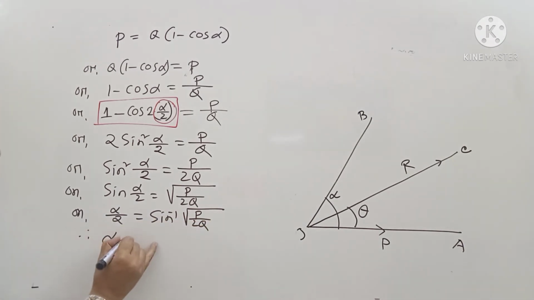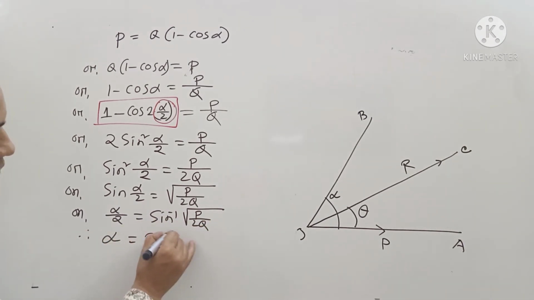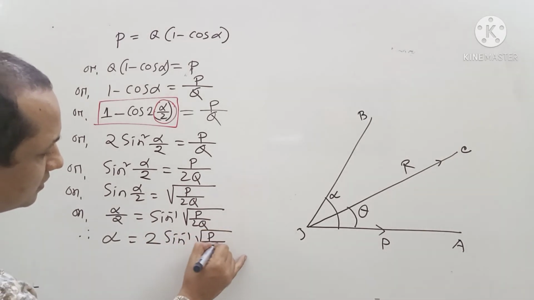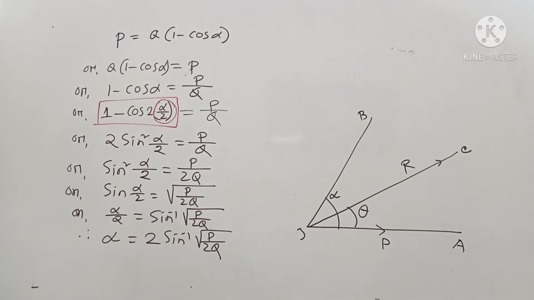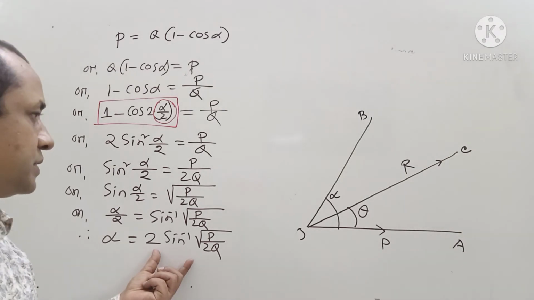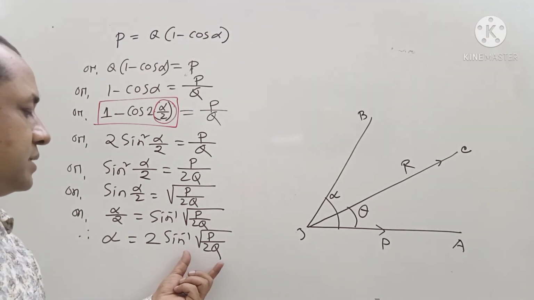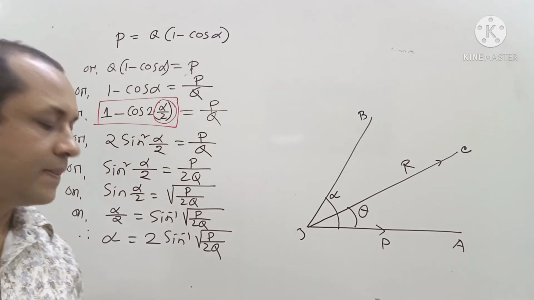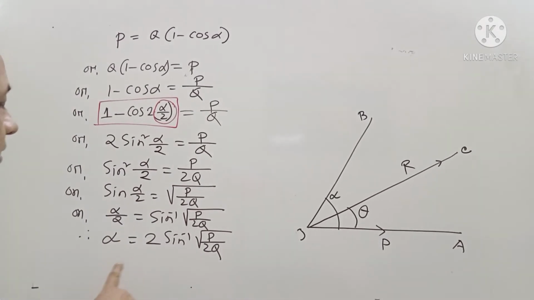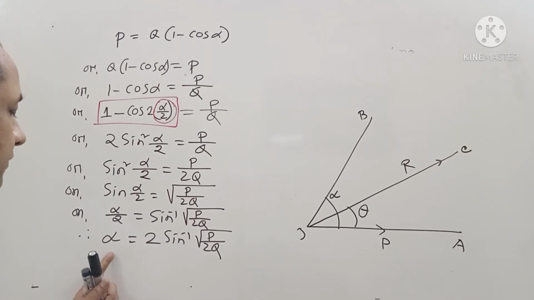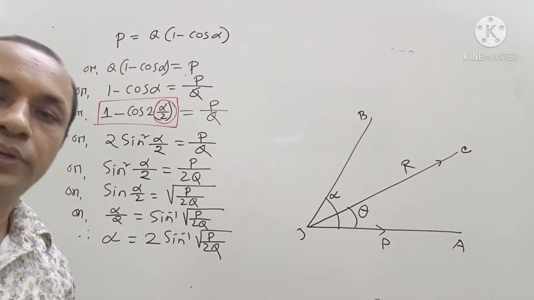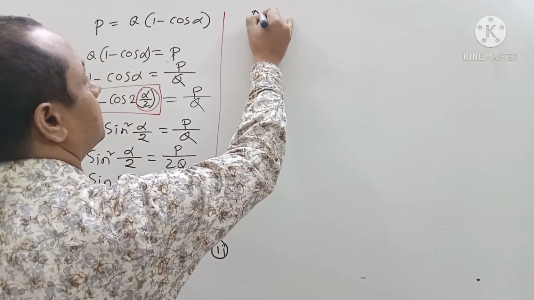So the angle between the two forces is alpha equals 2 sin inverse root over P by 2Q. Equation 2.